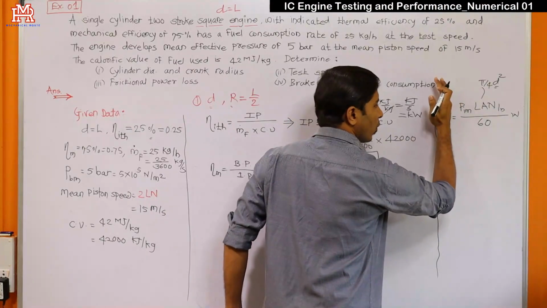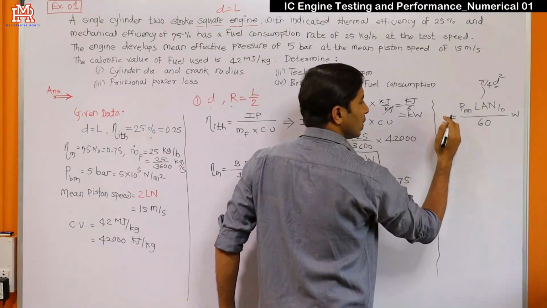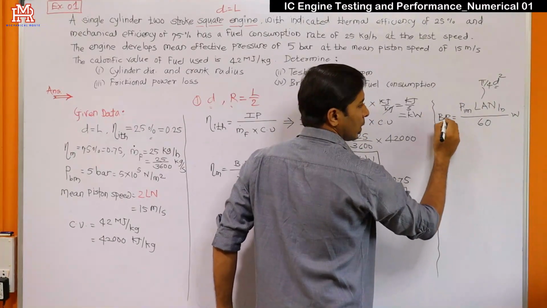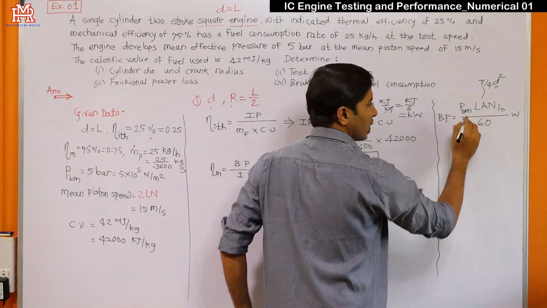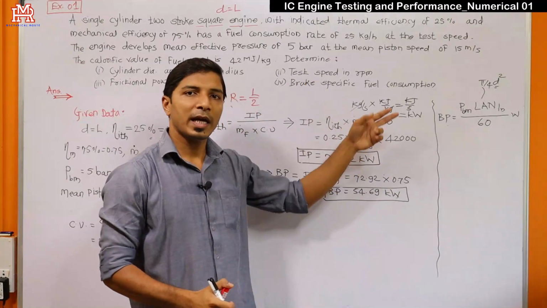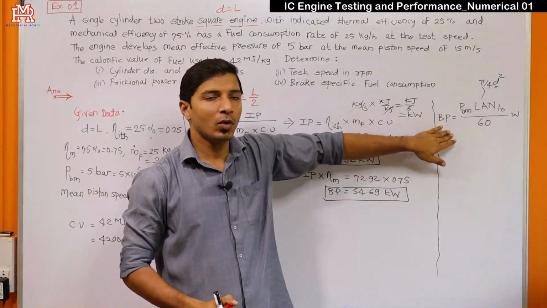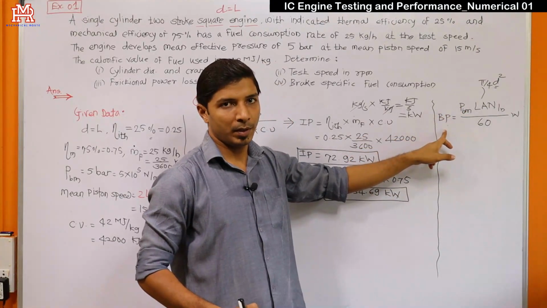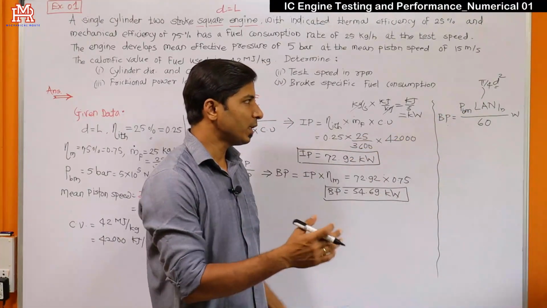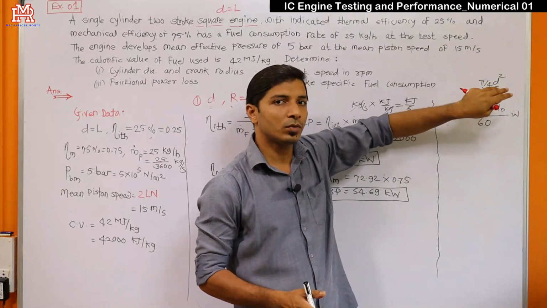If I am using this formula to find out brake power, then obviously this will become brake mean effective pressure. Instead of considering IP formula, I am considering this formula because I am having two values, PBM and BP, brake power.